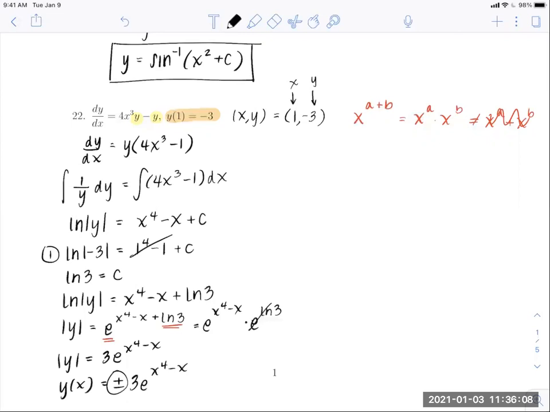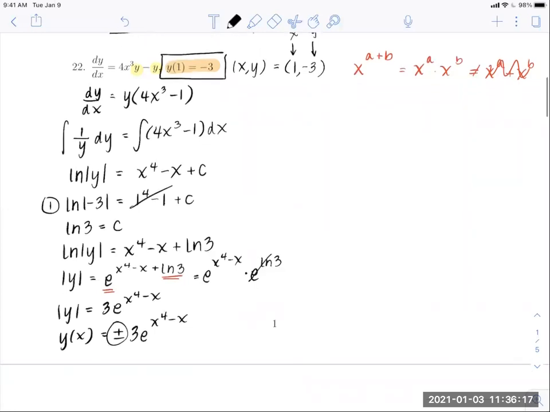And to identify whether you should use the positive or negative, look back up to your initial condition here that I highlighted in orange and just go ahead and impose it. So I'm going to say, okay, well, which is it? y of 1 has to equal -3. And according to what I have written, that is plus or minus 3e to the 1 minus 1.